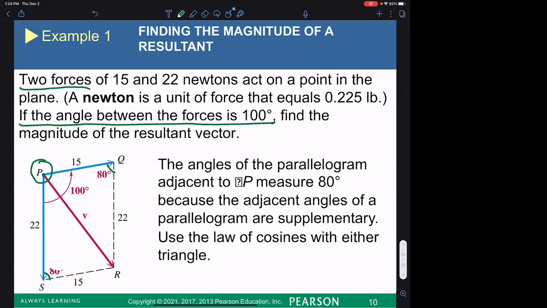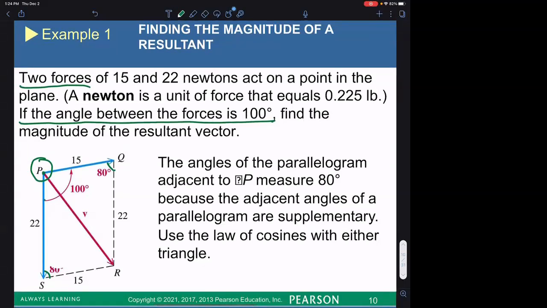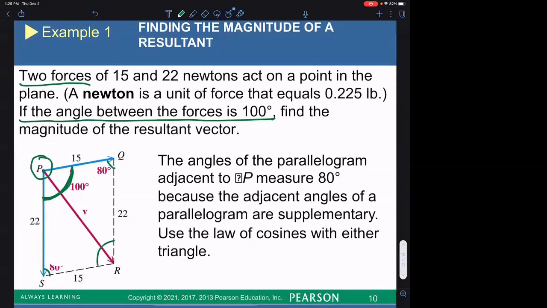What they're showing is that these two angles here are going to be the same as these two angles here, because as we saw, opposite angles in a parallelogram are the same. And so this parallelogram cuts these so that this angle measurement there will be the same as that angle measurement there.